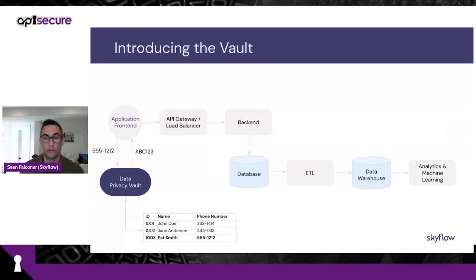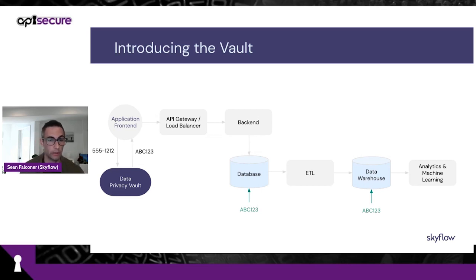A token doesn't work that way. You can think of it like a random string. So there's no mathematical connection in this case between this 5551212 number and ABC 123. This is more like a pointer to the original value. So in our downstream services, instead of storing the plain text values of the customer data, we're going to store these references to the original values.